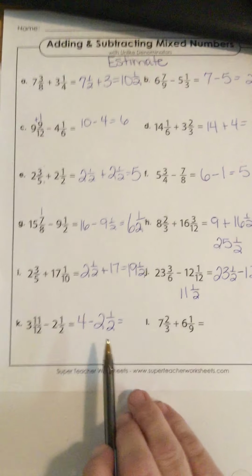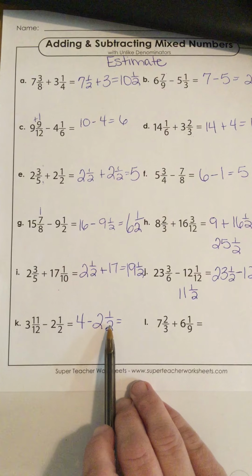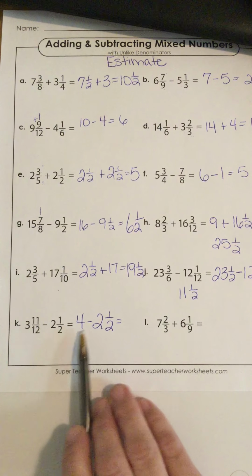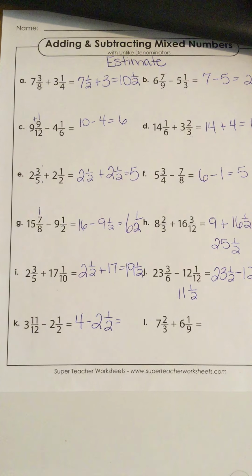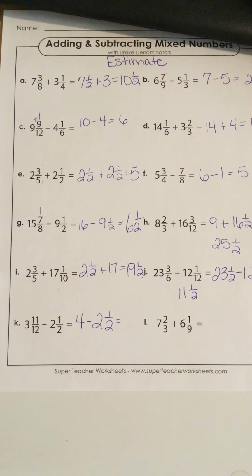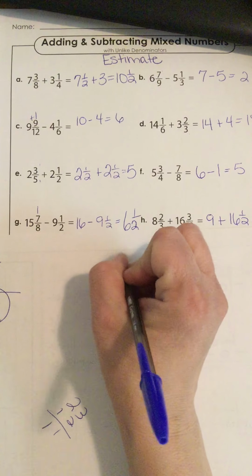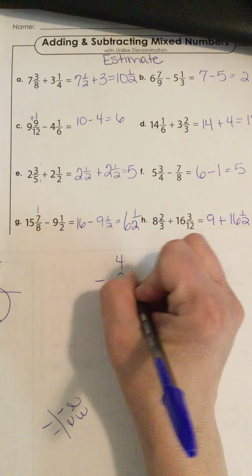All right, so if I have 2 1/2, okay, I can't just say 4 minus 2, right? So I have to start at 2 1/2 and go up to 4. Or I can say 4 minus 2 1/2.